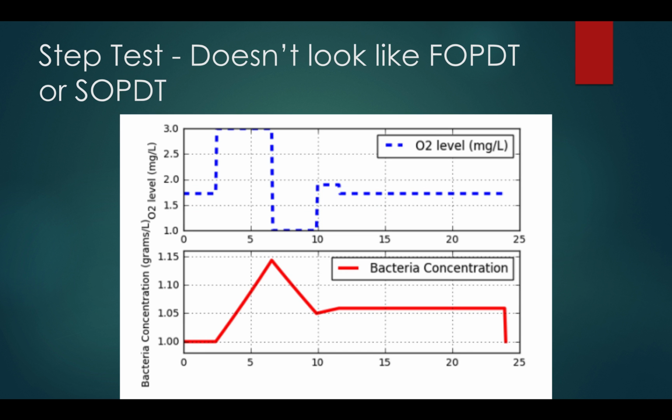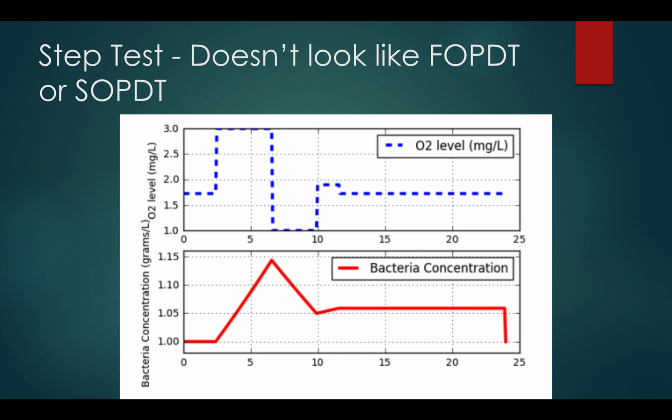Then we put our model into Python and conducted a step test. At first glance, we can tell it doesn't look like an FOPDT or SOPDT model. We can tell that because when we put in the same input at different times, we do not get the same output.